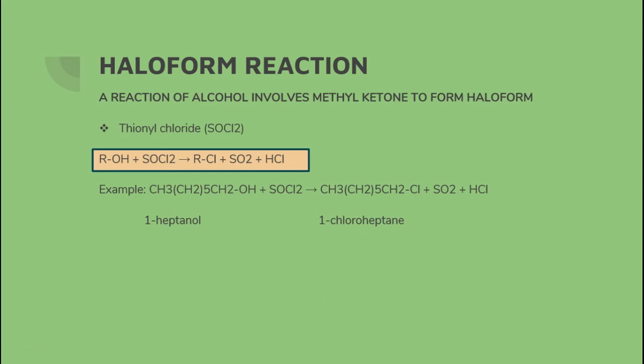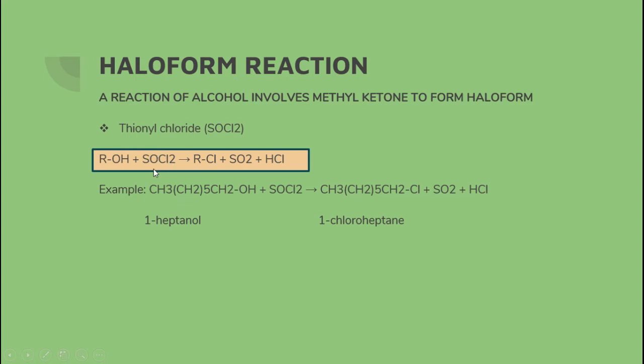Haloform reactions. The haloform reaction is a reaction of alcohol involving methyl ketone to form haloform. The example that we use is thionyl chloride, SOCl2. This is the alcohol, and this is thionyl chloride.